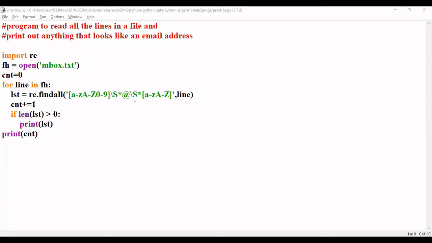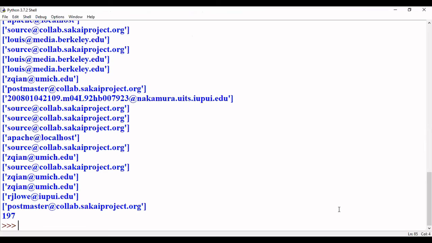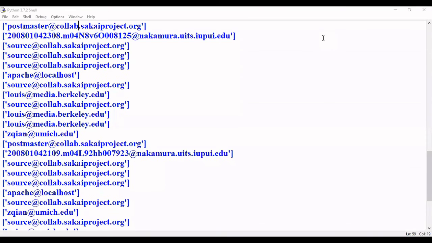Yes. If you see, we got the right output. If you notice, all the unwanted characters have been removed. Why are we able to remove the unwanted characters? This is because we have included some characters within the square bracket, isn't it?